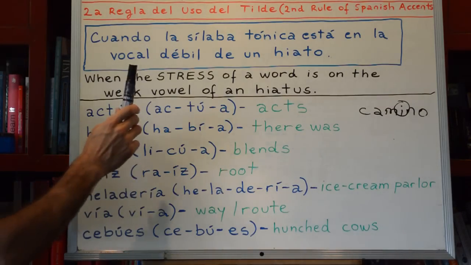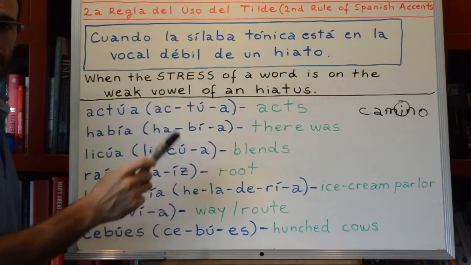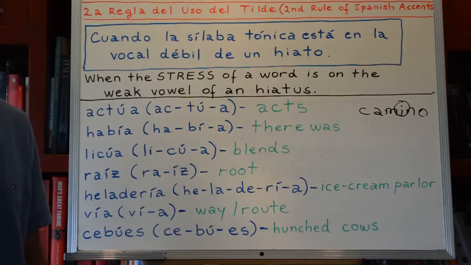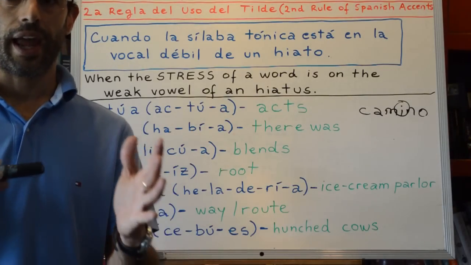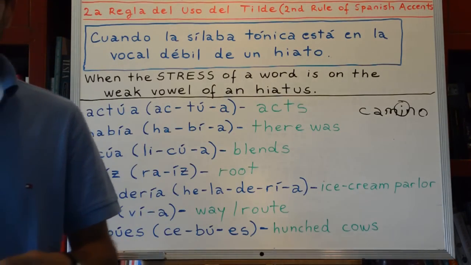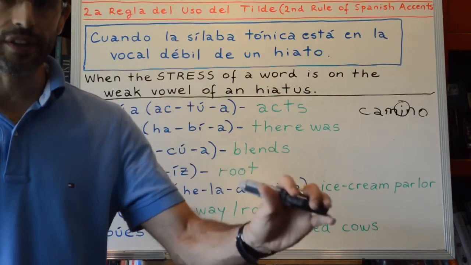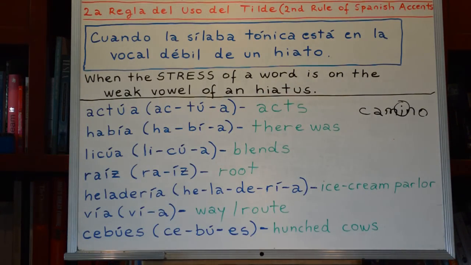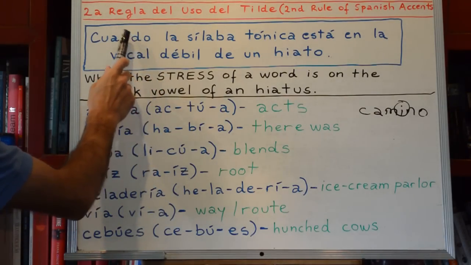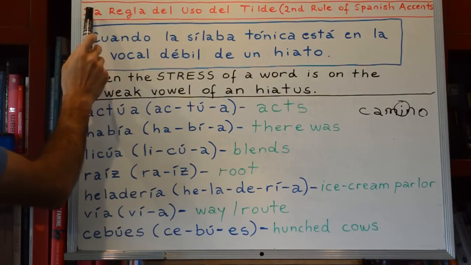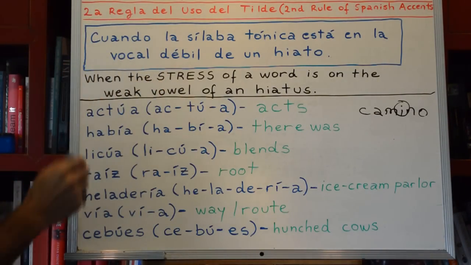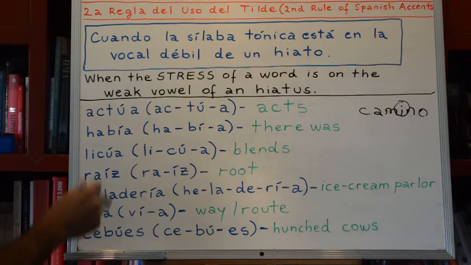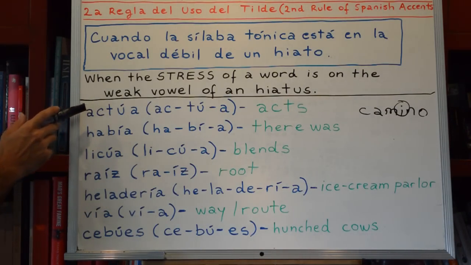However, if this hiatus has a weak vowel and the accent or the stress of the word is on this weak vowel, then we have a tilde, right? A tilde that is because of this second rule of the Spanish tildes. You will understand it better when we go through these examples, okay?